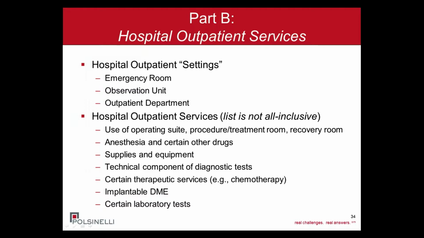So, for example, if you had a patient who has a physician visit in a hospital outpatient department, the physician gets to bill Part B for the actual professional service that represents the visit and the time they spent counseling and treating the patient, whereas the hospital bills Part B for what's called the facility fee. And that allows the hospital to collect a fee for the use of the treatment room and the general overhead associated with that patient visit. So in that case, the hospital outpatient service that Medicare is billed for is really the use of that room and the overhead. So that's just one thing I wanted to point out as we talk about these two things back to back.